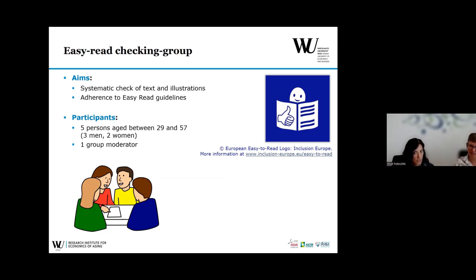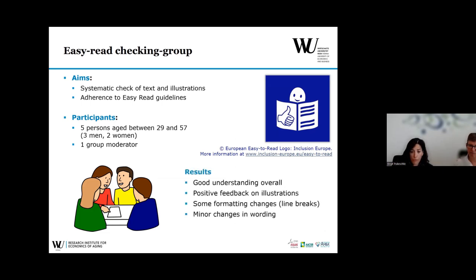And for that, we used an easy read checking group that consisted of 5 participants and 1 group moderator. And overall, they reported back that the understanding was good, that pretty much everything was in line with easy read guidelines. We got some positive feedback on the illustrations as well.